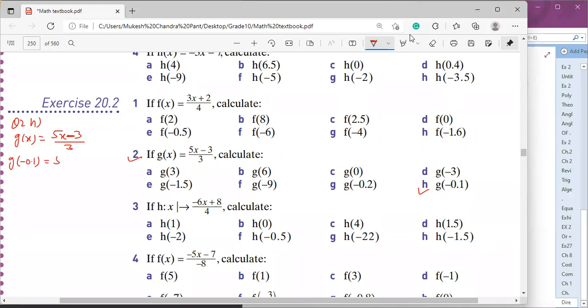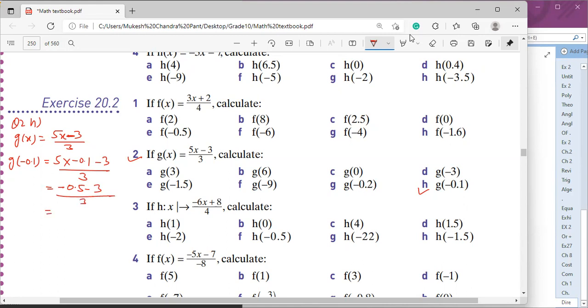So simply replace this x by minus 0.1, minus 3 over 3. Okay, so replace x by minus 0.1.